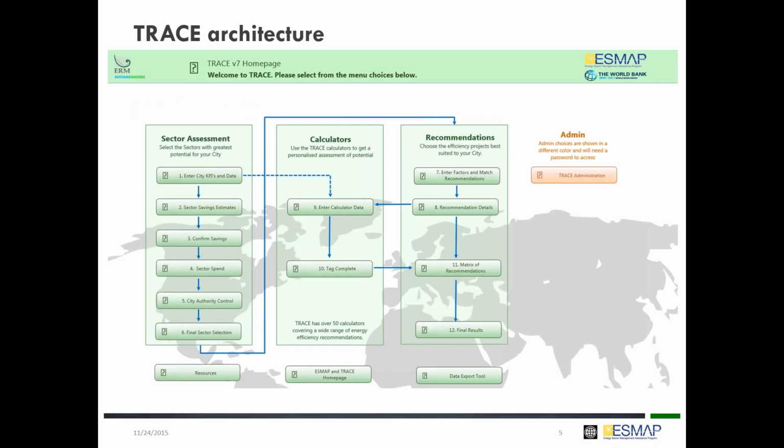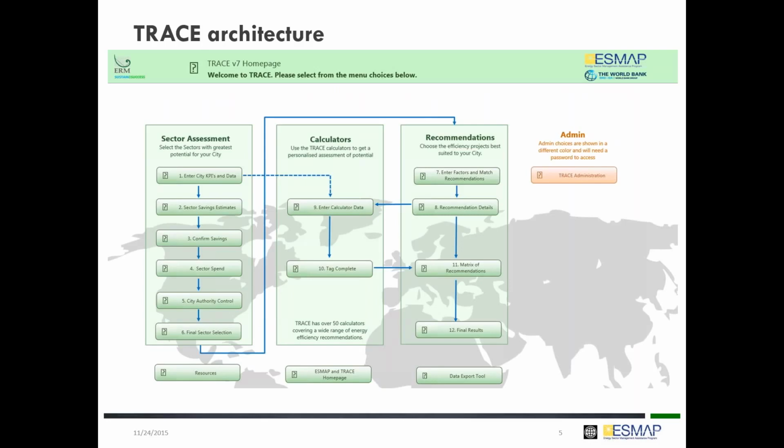So the new TRACE will be an Excel-based tool, and this is basically the interface. On the left-hand side, you can see where the data is entered and where you run the sector savings estimates, confirm the potential savings, the degree of city authority control.